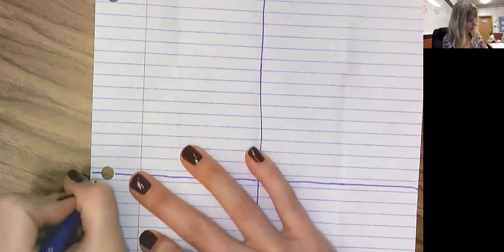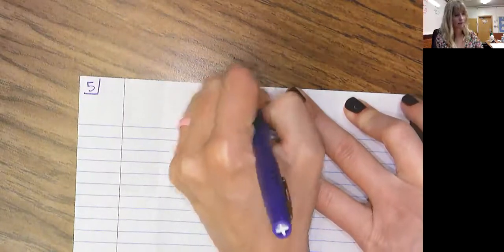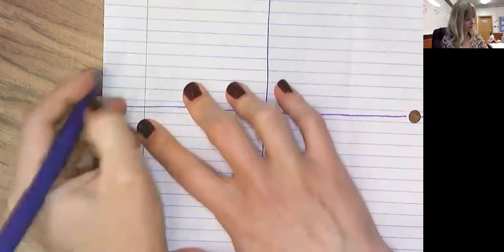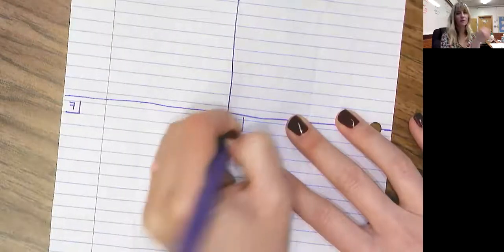This is story 3. We need all that space for story 3. This is story 4. This is story 5. This is story 6. Story 7, and of course, story number 8.